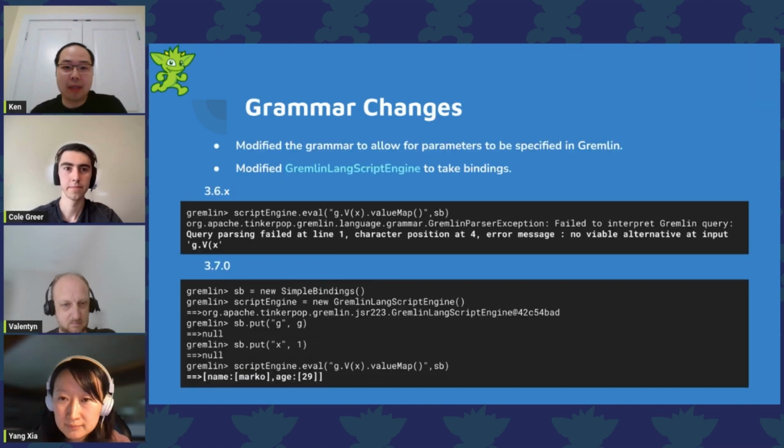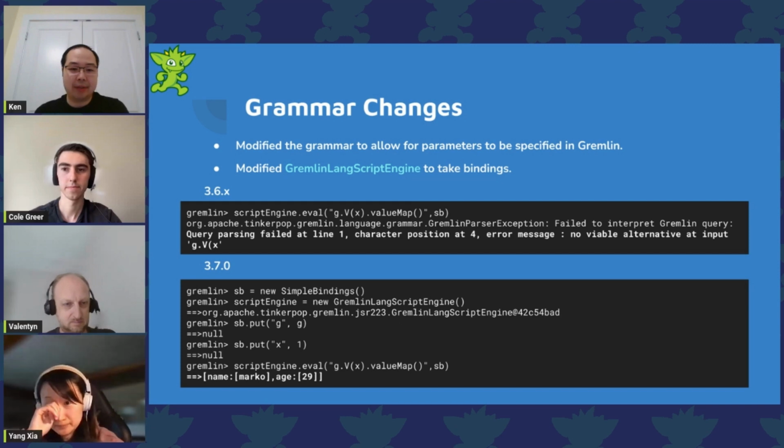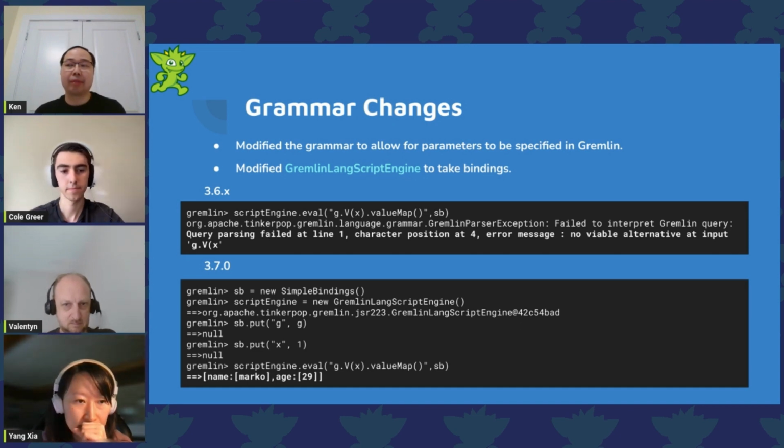If we move to the next slide, some more grammar changes. Even today, a lot of queries are written with parameters, but this was not supported by Gremlin Lang before. This is only supported in the Gremlin Groovy script engine.